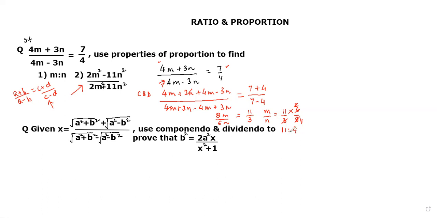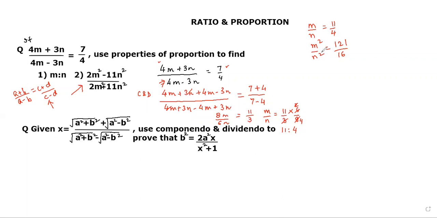So if I know m upon n as 11 upon 4, then I also know m square upon n square, which, if I do the square on the right hand side, I get 121 upon 16. So 11 square is 121, 4 square is 16.